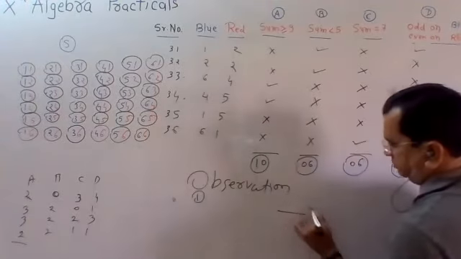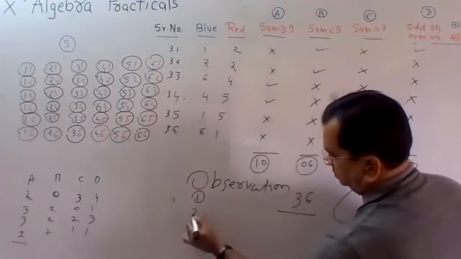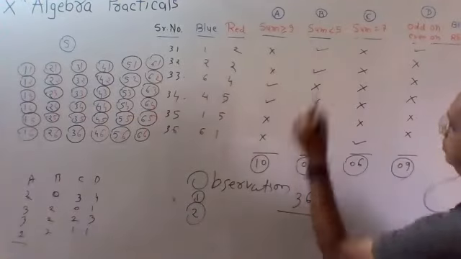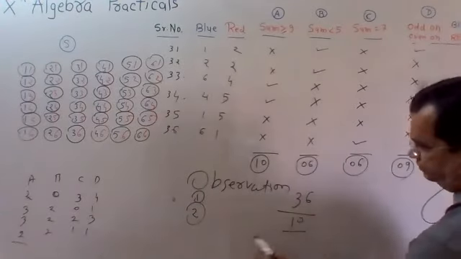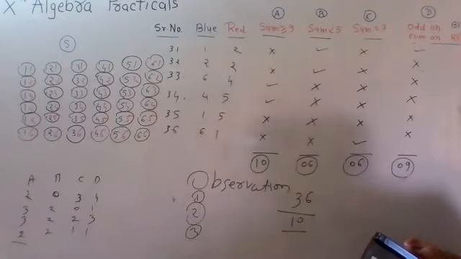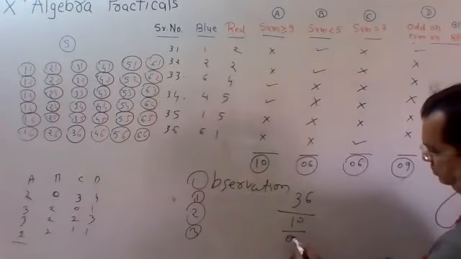In first, write 36. In second observation, greater than 9, you write 10. Third observation, outcome less than 5, you write 0.6.